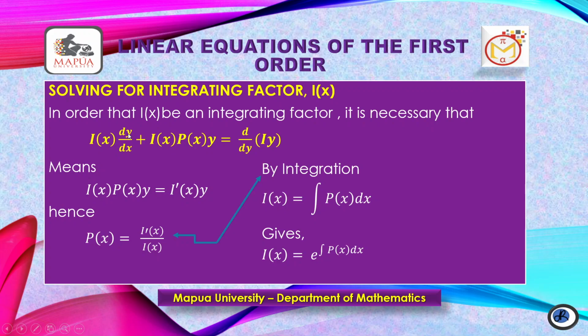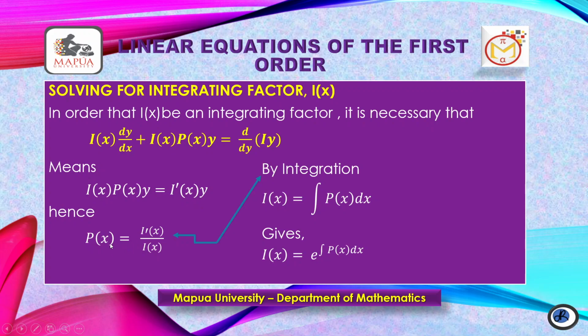Multiply by the derivative of y with respect to x plus the integrating factor times p(x) y, which is equal to the derivative of I(x) y with respect to x. This means that we have I(x) times p(x) equal to I prime, which is the derivative of I(x).